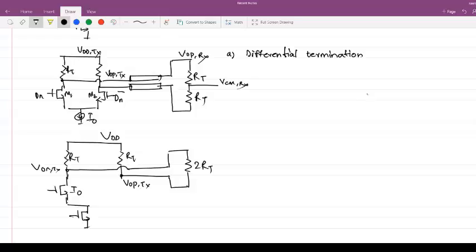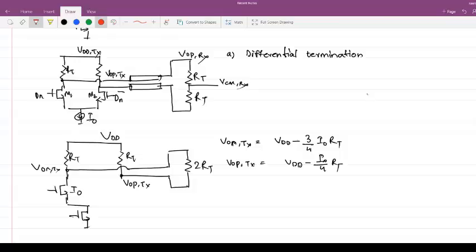So VONTX is equal to VDD minus 3/4 I0 into RT, and VOPTX is equal to VDD minus I0 by 4 RT.